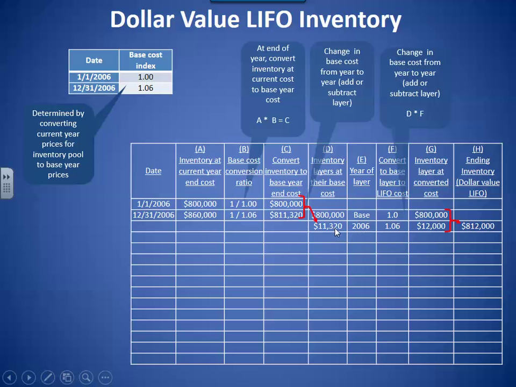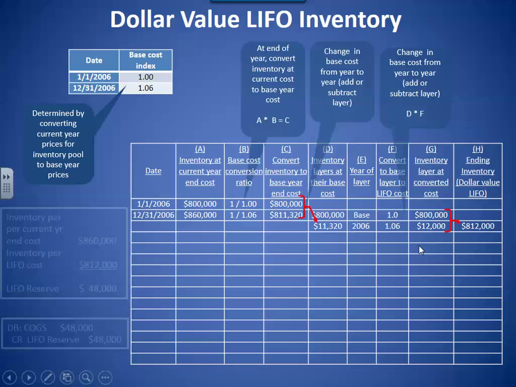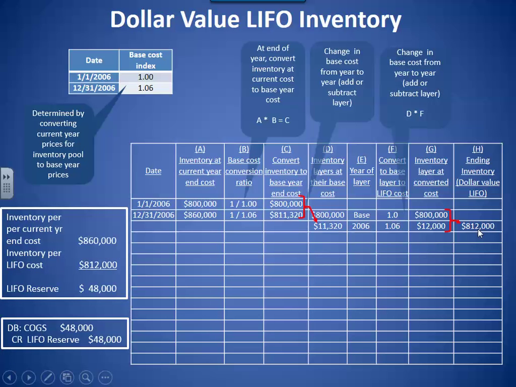So $11,320 times 1.06 equals $12,000. So what we have is our ending LIFO valued inventory is equal to $812,000.